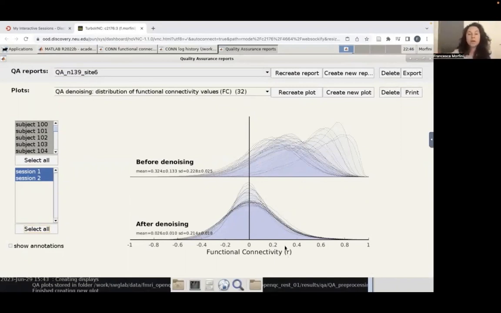And here, before denoising, so before regressing out potential nuisance factors, this site presents with somewhat of a typical distribution of functional values.